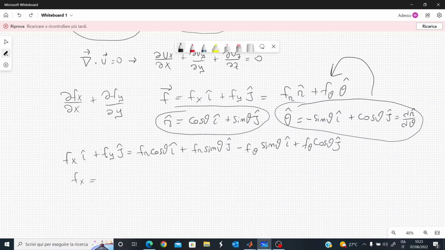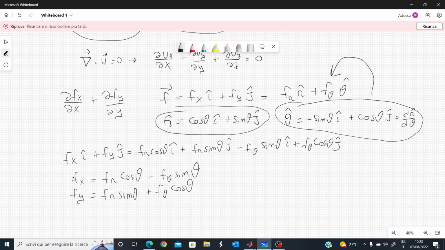Since i and j are independent, they are perpendicular to each other, we can do this. We have fr cosine theta minus f theta sine theta, whereas fy will be fr sine theta plus f theta cosine theta.